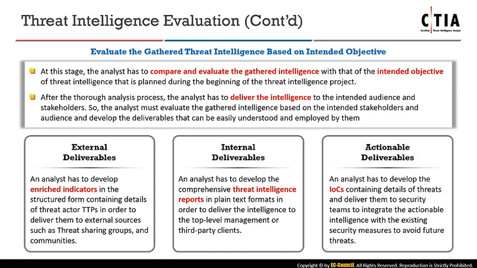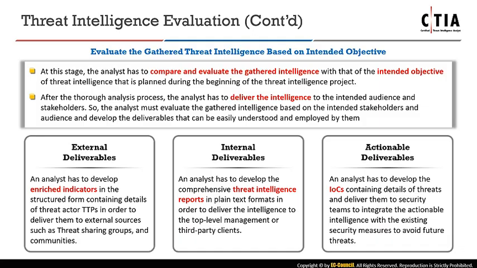This is where we're gathering information specifically for sharing with threat groups and communities. So this is going to be information that's usually stripped of any information that would lead it to compromise our own organization, or it's going to be fairly general depending on the type of threat group or community that we're dealing with. So the next one is internal deliverable.